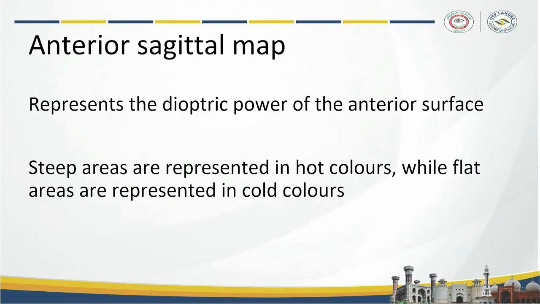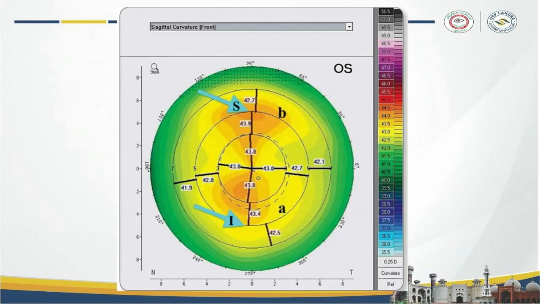These colors might be coded differently in Galilei and in Pentacam, but generally there is a scale on the right side. This is a good parameter to know which are the cool colors and which are the hot colors. In this type, green and blue are cool colors. When we move upwards from orange to red to purple and dark purple, these are the hot colors.